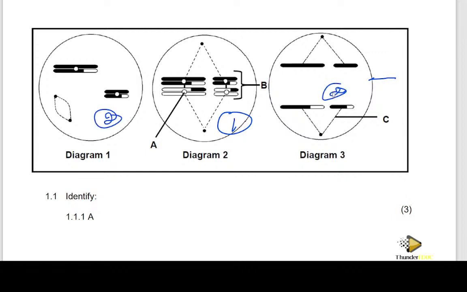That's the first step. So definitely diagram 2 is going to be the first one. Now between diagram 1 and diagram 3, which one is going to be first and which last? This is prophase and then this is anaphase. Therefore, prophase comes before anaphase, so it's going to be diagram 1 and then diagram 3.